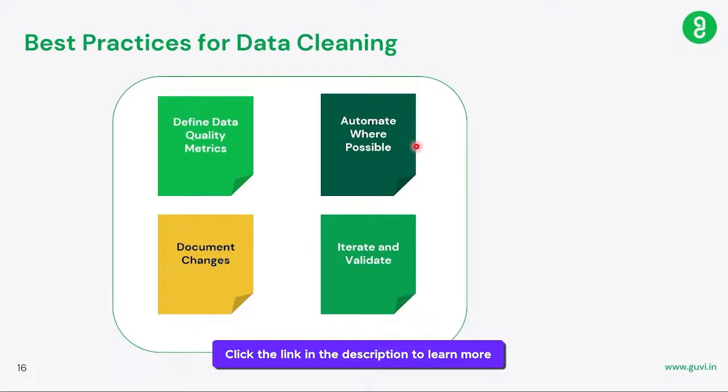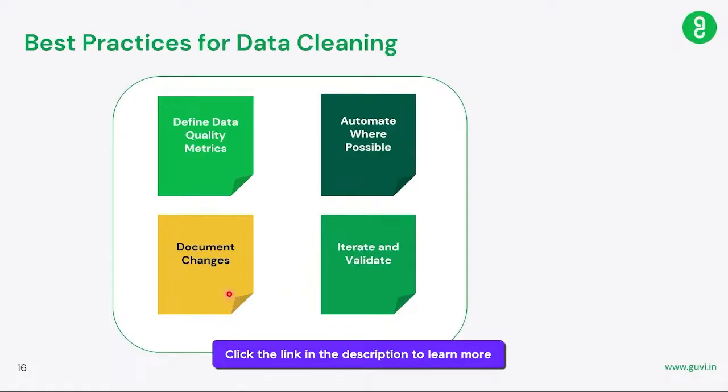Automation can help accelerate the data cleaning process and improve efficiency by automating routine tasks such as data deduplication, error correction, and outlier detection. If we start automating these repetitive tasks, organizations can free up valuable time and resources, allowing the data analyst to focus on more complex analysis tasks and strategic initiatives.